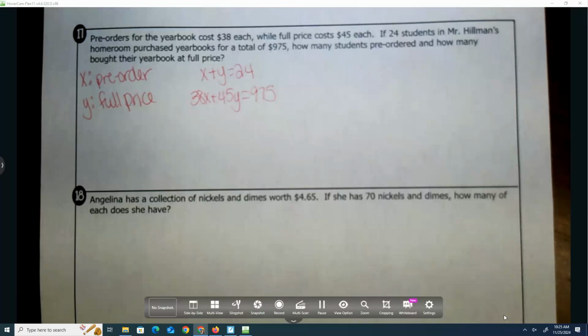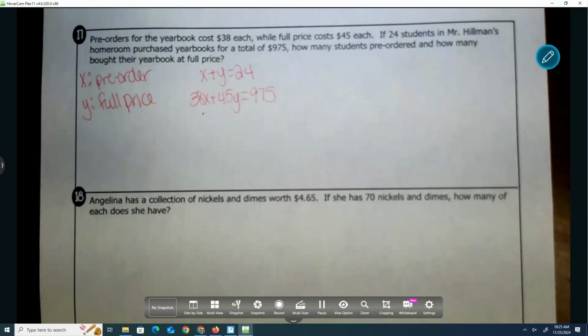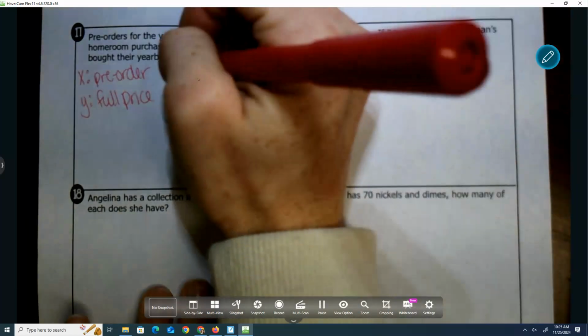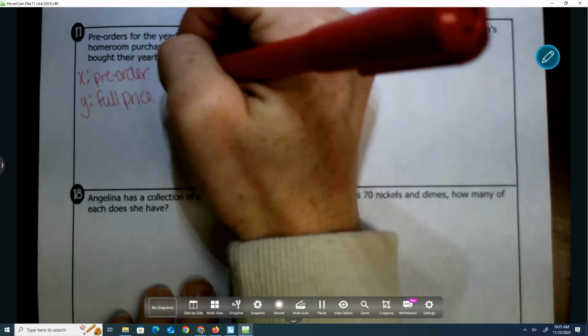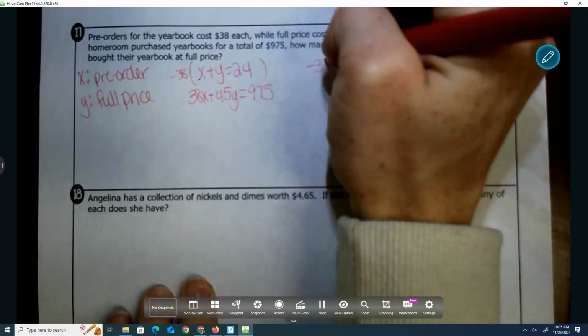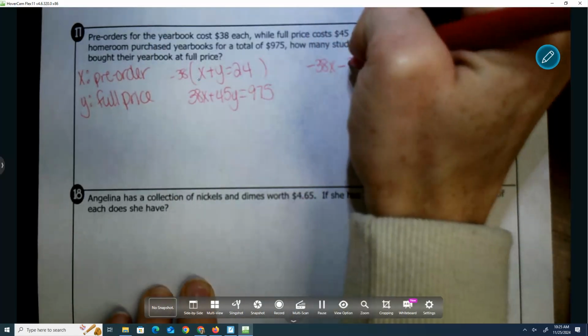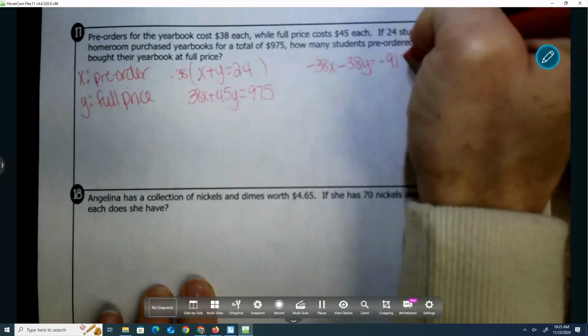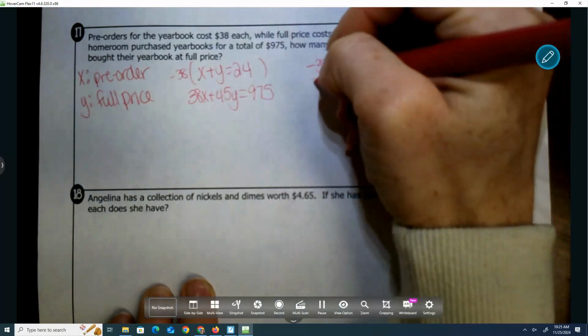If I want them to cancel, they have to be the same thing but opposite. This one's a positive 38, so this one needs to be negative. Yep, exactly. So we'll multiply it by negative 38 to get those to cancel out. So we get negative 38x minus 38y equals negative 912. Second equation, we didn't change it.